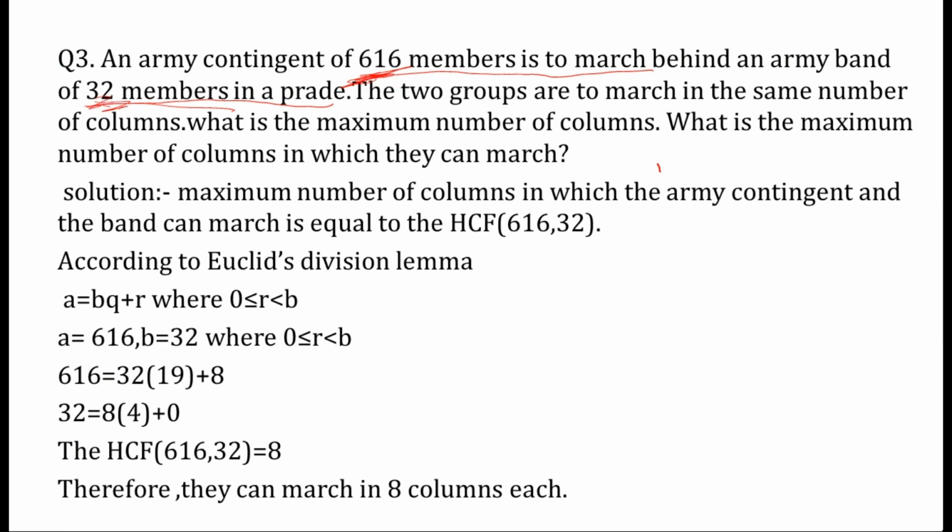Let me take one example. Suppose four persons are doing the march past, and eight members are doing the march past behind these 4 persons. Then what is the maximum number of columns they can march in? We have to find their HCF.